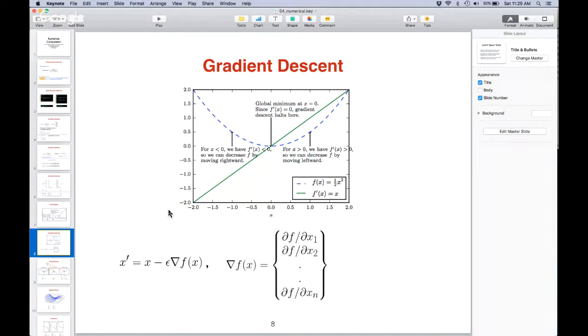We are trying to find the value of x where the loss function attains a minimum, so we have to move in the direction where the gradient of f points in a negative direction.